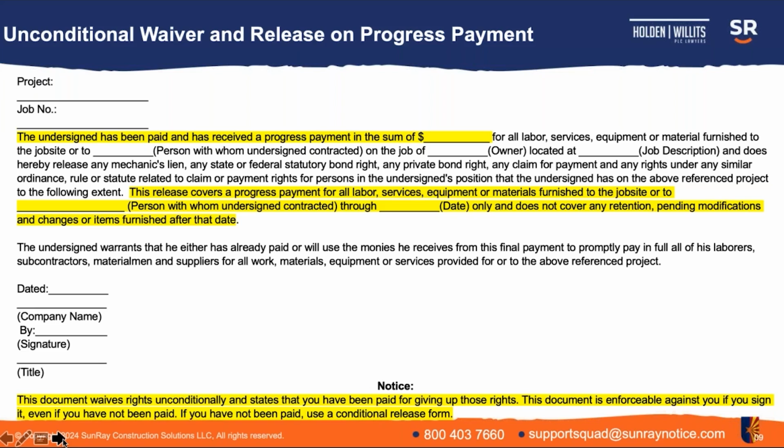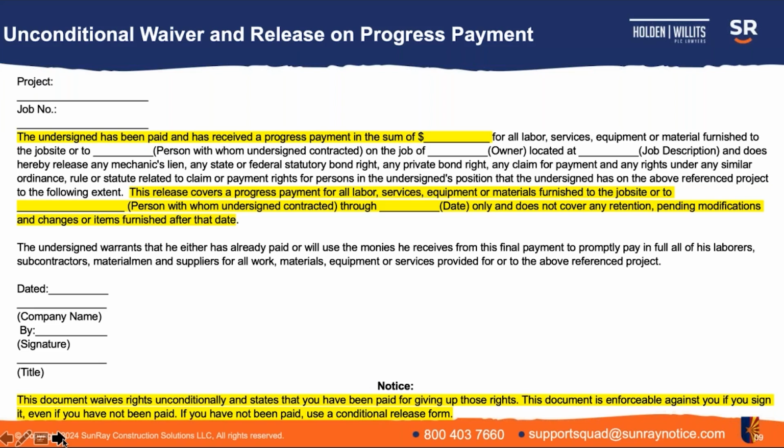And then when you get to the second payment application, provided you get paid on the first one, you're going to submit two forms of lien waivers. Now you're going to submit a conditional waiver for the second payment that you're seeking, but also many times the folks upstream, whether it be an owner or a general contractor or a subcontractor that you're working with, will want an unconditional confirming your receipt of the payment for the first payment application.